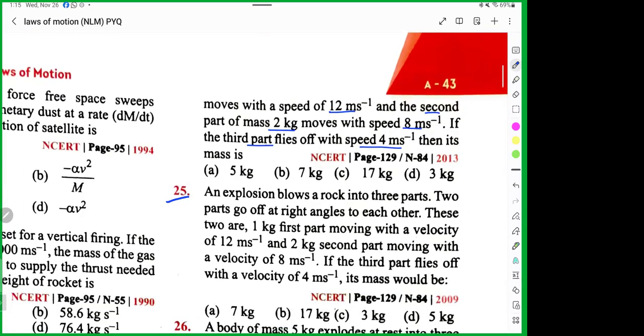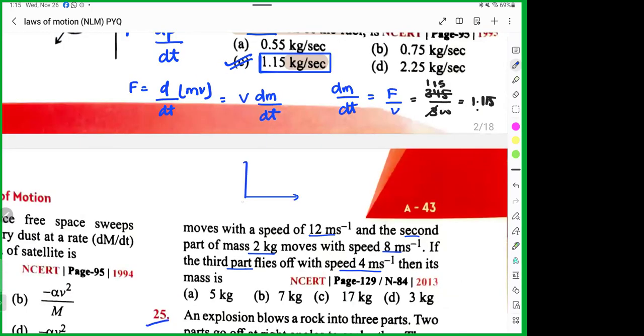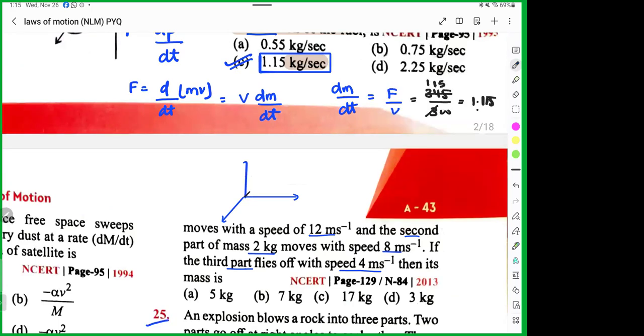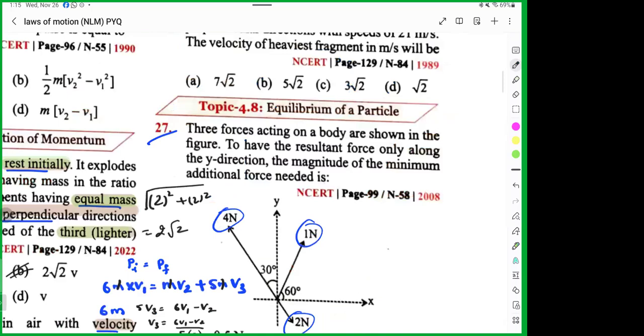देख लेते हैं, तो इन दिस केस में यहीं पे कर लेता हूँ. It means the third will be opposite, and these two resultant will be this. What is the linear momentum of the first? Mass is 1 and the velocity is 12, so linear momentum will be 12.